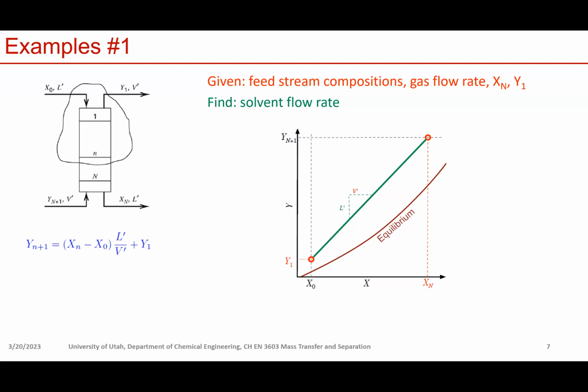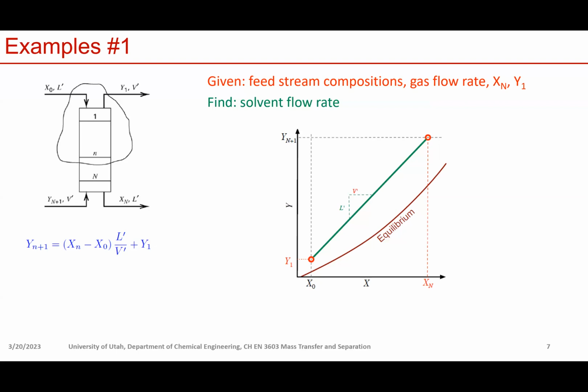Then we have the other point given, xn, yn plus 1. Then you can draw a line. The slope of this line can be measured. Then L prime over V prime is the slope, so L prime is just V prime multiplied by the slope.